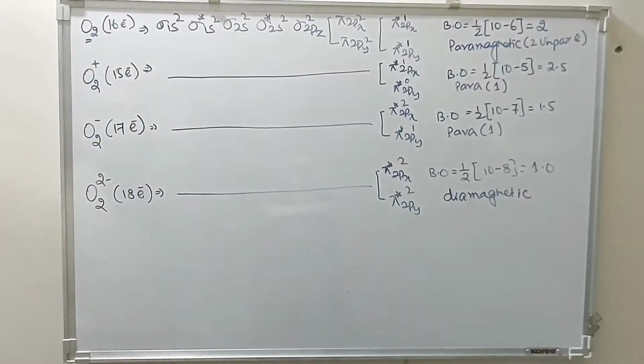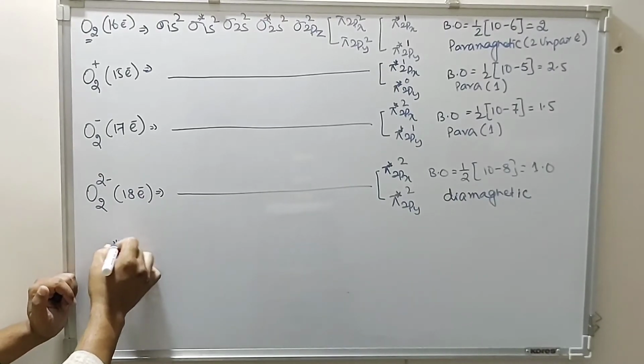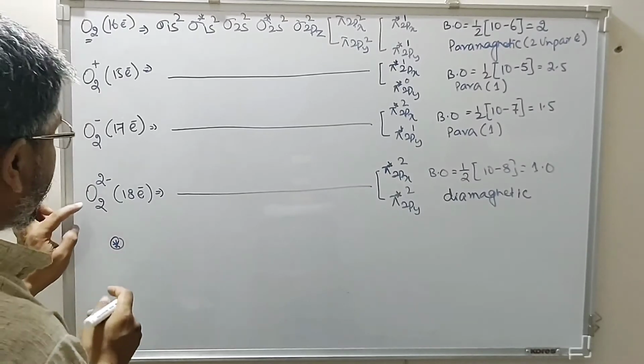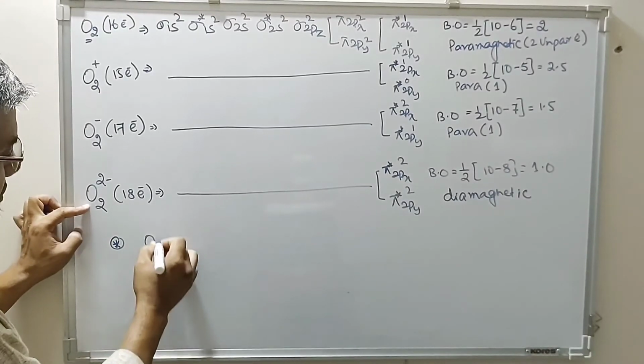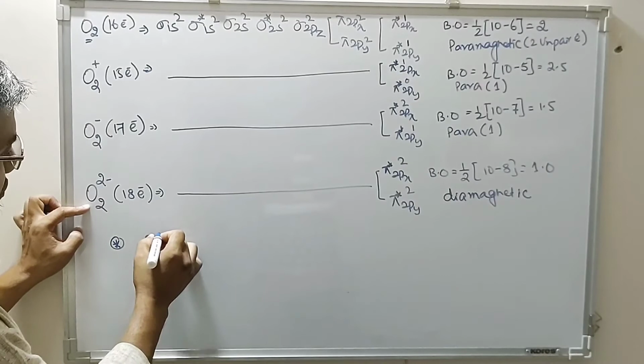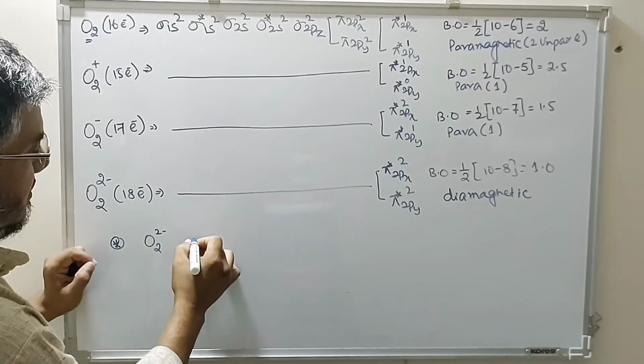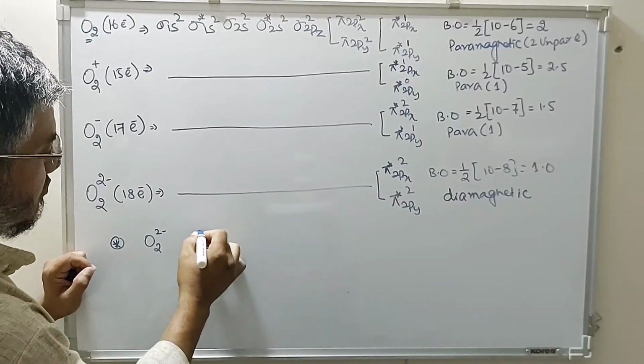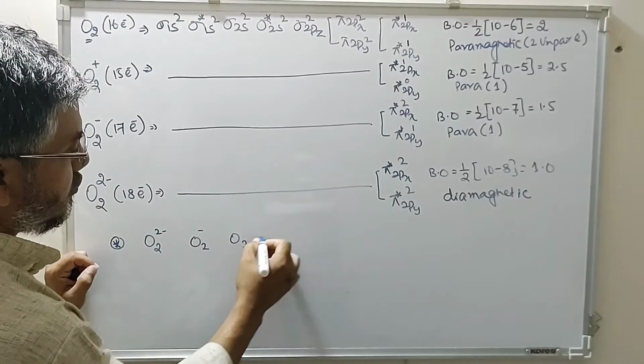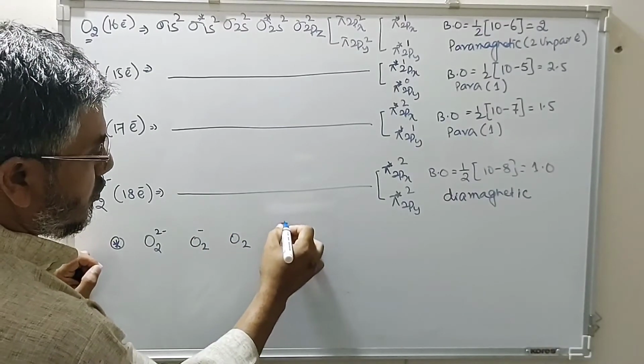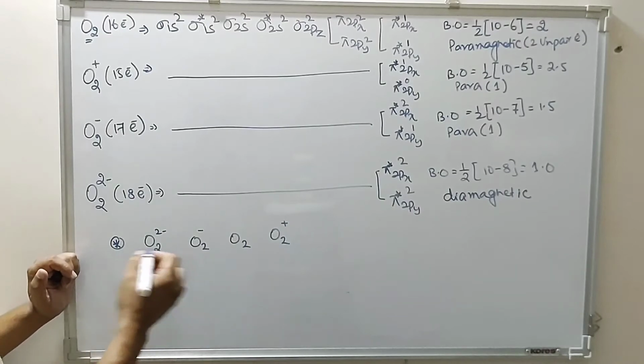So these are various species of oxygen. If you look at the bond order in increasing order, the lowest bond order is O2 2-, then we have O2 minus, then O2, then O2 plus.